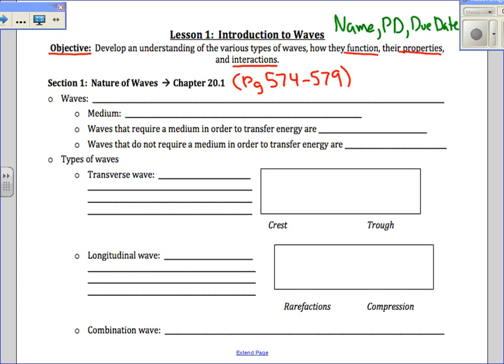Okay. Now, waves, if we want to give a definition, these are any disturbance that transmits energy through matter or empty space.